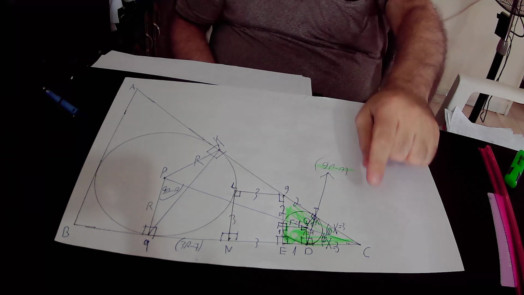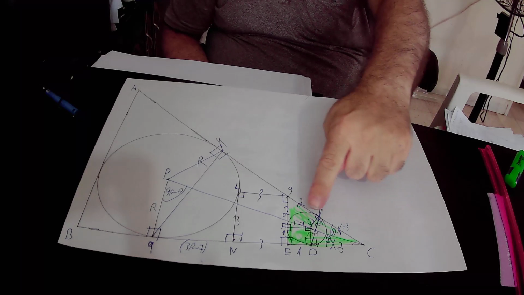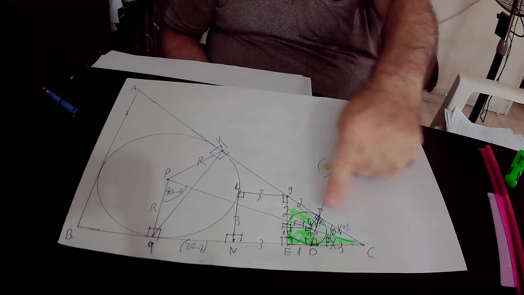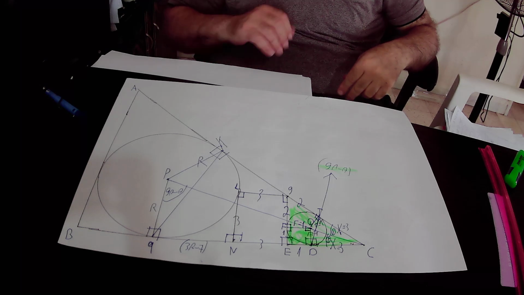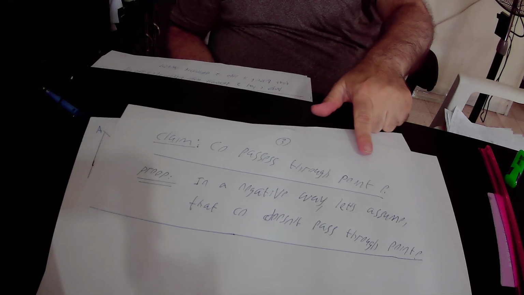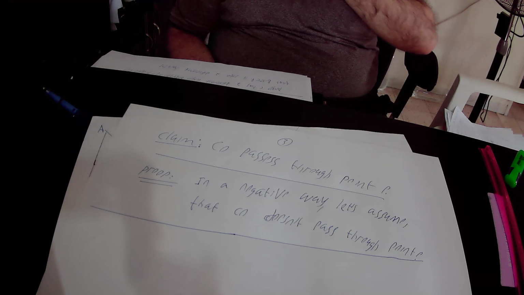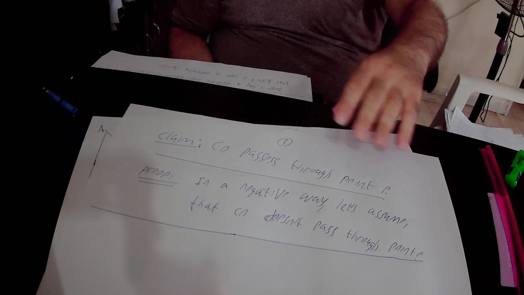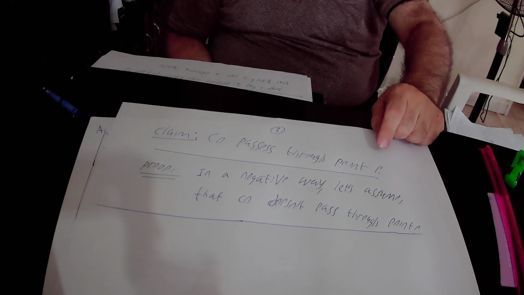Then we have a claim that CO passes through point P. Again, CO passes through point P. We prove this claim in a negative way.